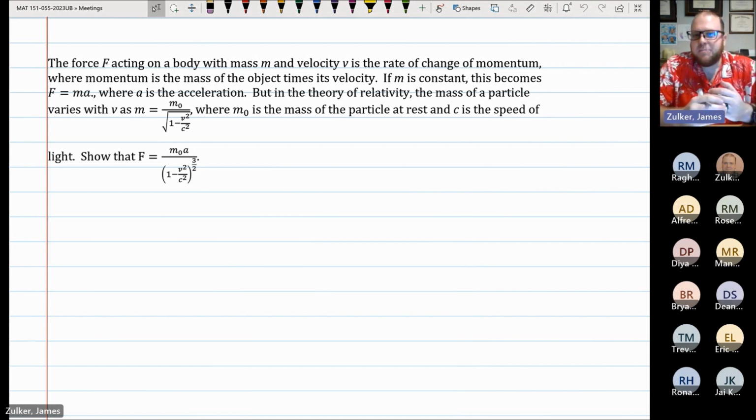However, in the theory of relativity, mass of a particle is not constant, as I just explained. It actually varies with velocity. The function is m naught over the square root of 1 minus v squared over c squared, where m naught is the mass of the particle at rest, the rest mass, and c is the speed of light.